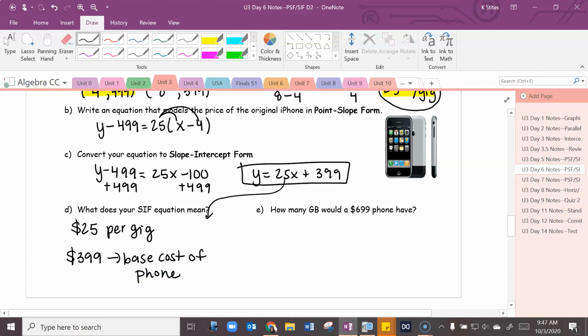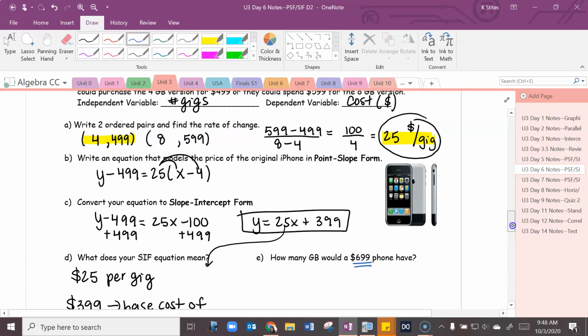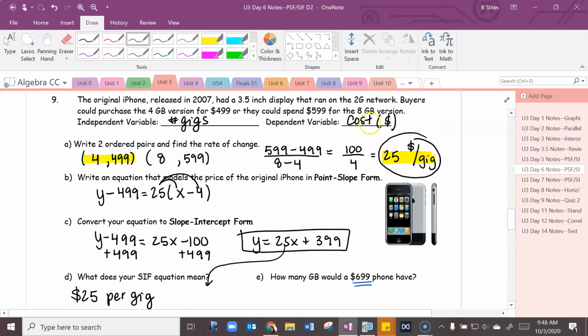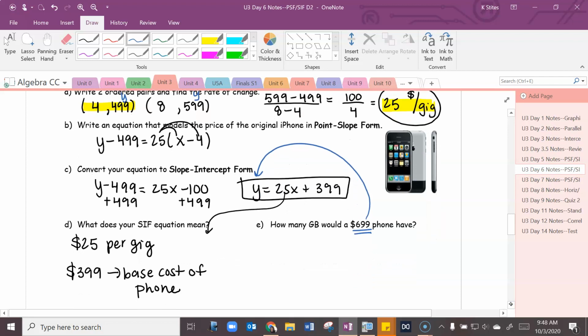Now I want to know how many gigs a $699 phone would have. So $699, let's think about what we would plug this into. $699 is your cost. That is your y coordinate, right? So we're going to plug $699 in for y. Again, that's because it's our y coordinate. So let's plug that in to our equation.